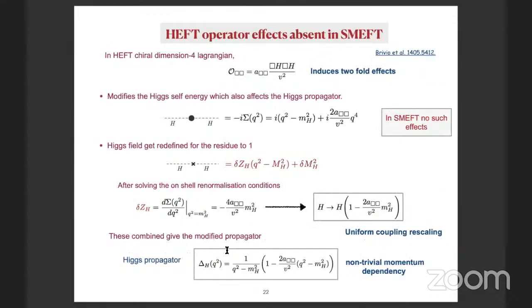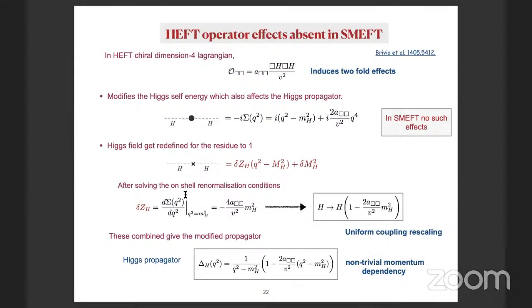In HEFT, I showed you the list of operators. In that list, there was one particular operator, O box box, which has twofold effects. First of all, in the self energy, it brings quartic momentum dependence, which can be shown by this Q^4. Because of the modification to the self energy, we want the on-shell self energy, so we have to put in a counter term so that the residue is 1 at the physical mass of the Higgs.